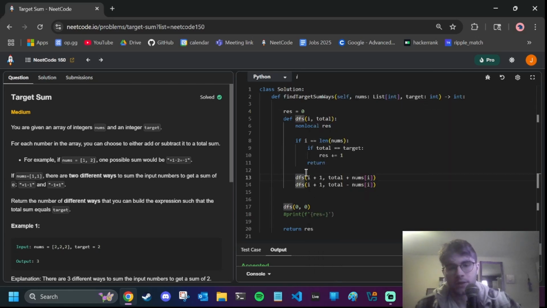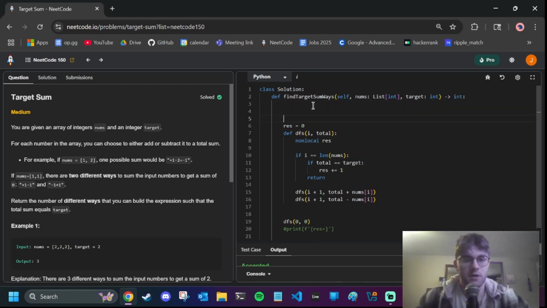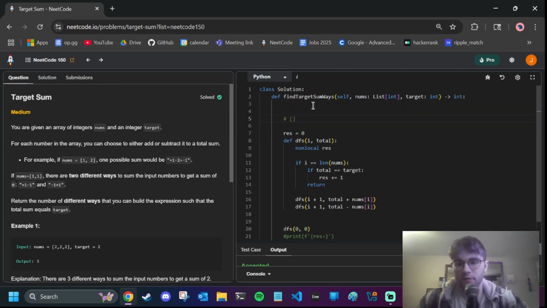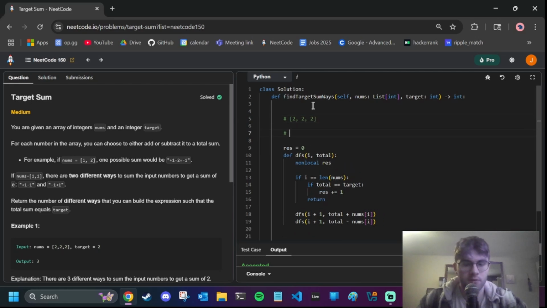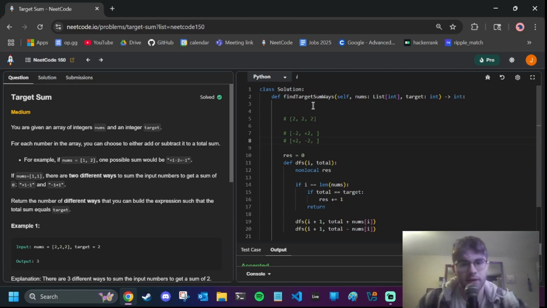So I guess one way to think about it is if we have 2, 2, 2, one possible way could be like this, and another possible way could be like this. And in both cases, before we process the third, we're at the same exact position. So we basically do the same work here twice.